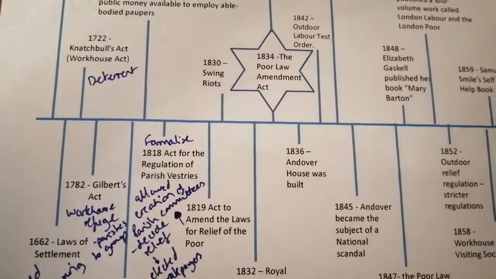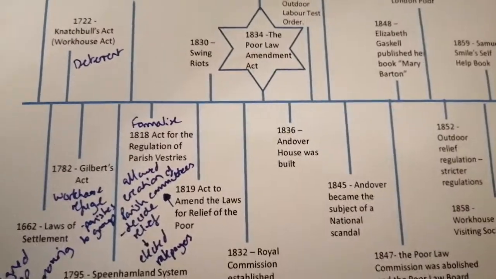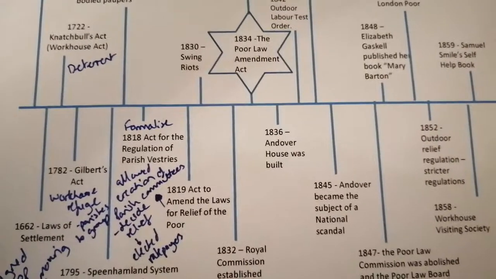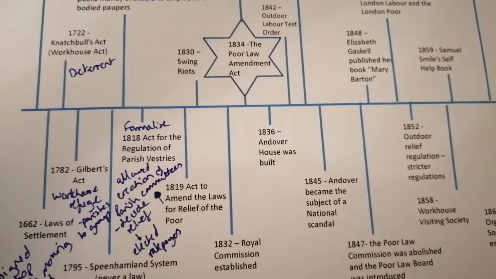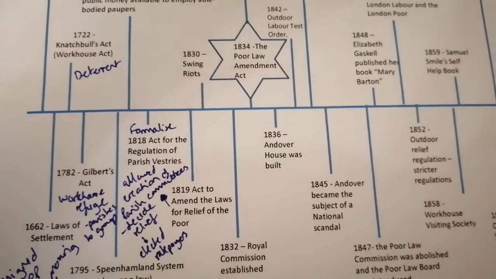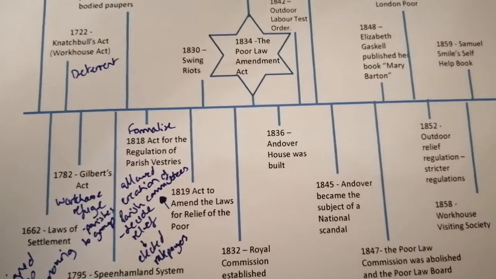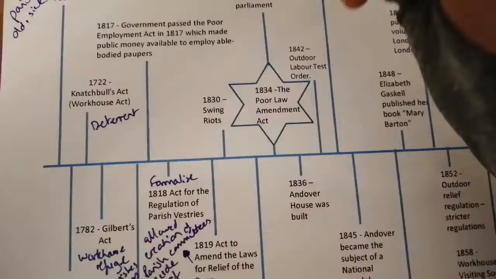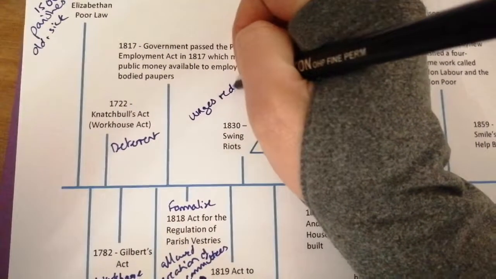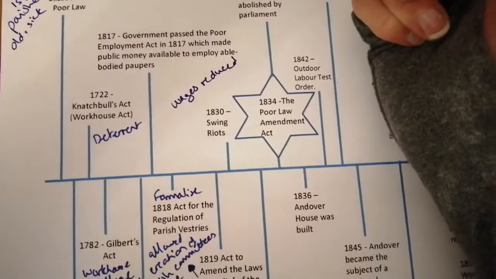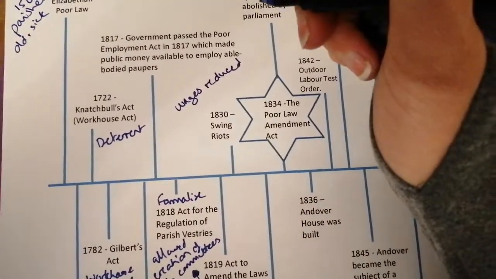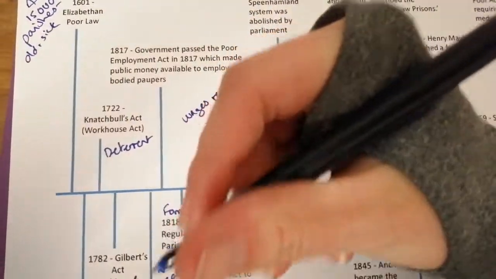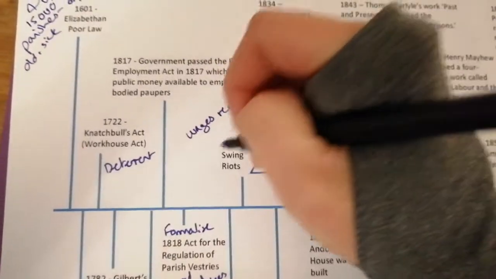Now, it finishes there, and we don't really have a lot going on because all that happens is that we have continual rising costs, we have continual failures, and these lead to things like the Swing Riots. Now, although the Swing Riots are mostly about wages being reduced, which we knew from our industrialisation topic, it is interesting to note that most of the counties with the Speenhamland system are the ones that revolt.